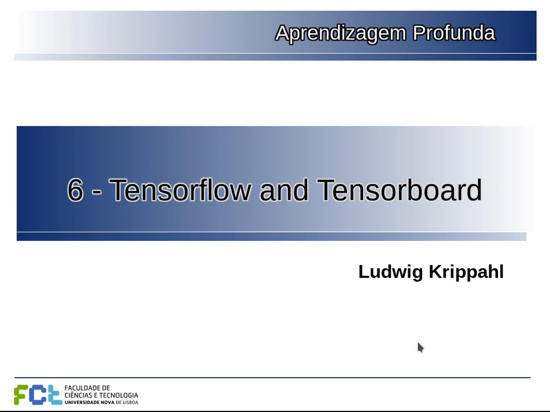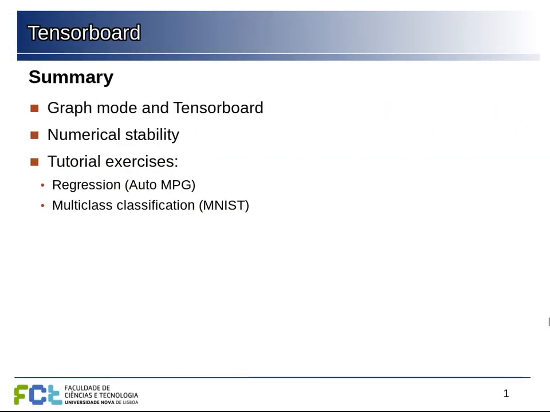Okay, so now we're going to see some more details about TensorFlow, specifically how to trace the graph and save it, and also take a look at TensorBoard, which is useful to track the training of the network.